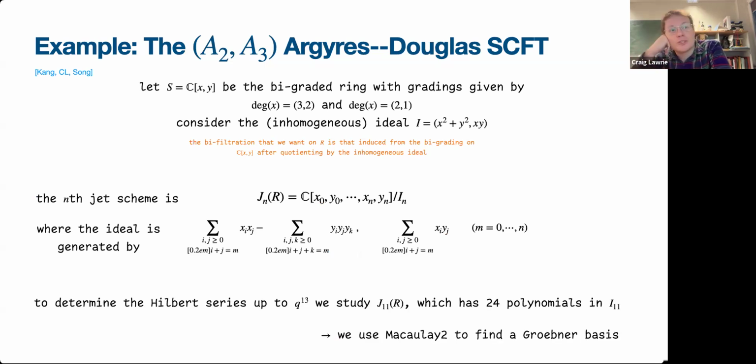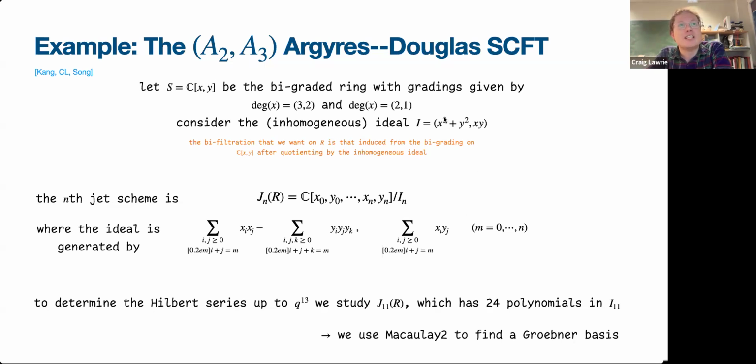Now, if we want to determine the Hilbert series up to, say, order q to the 13, I want to stress this is a fairly high order. One way of thinking of this as a high order is to think of the degree at which the relations first start to enter.